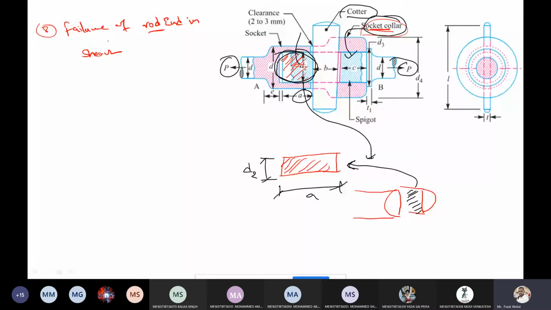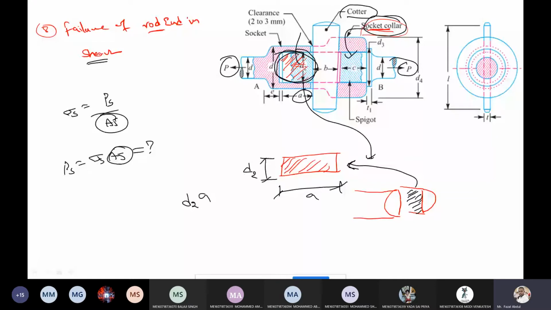Because the failure is happening in shear, the respective stress I'm taking is shear stress equals load by area. Now write P_s equals shear stress into shear area. What is the area here? The area is D2 into a. This area I'm writing for only one side.